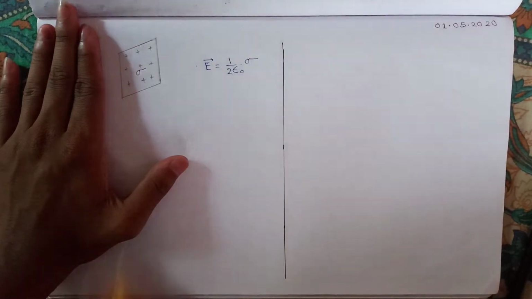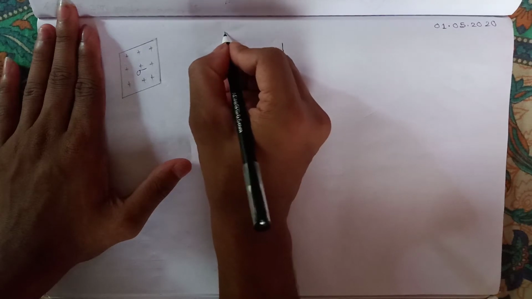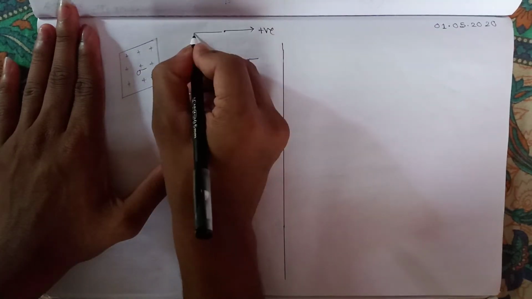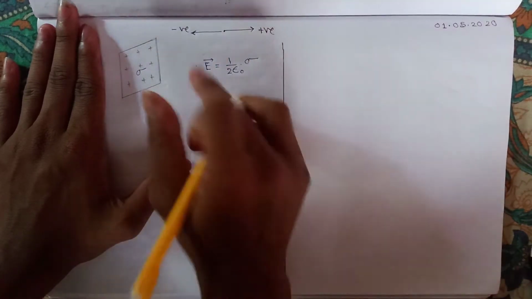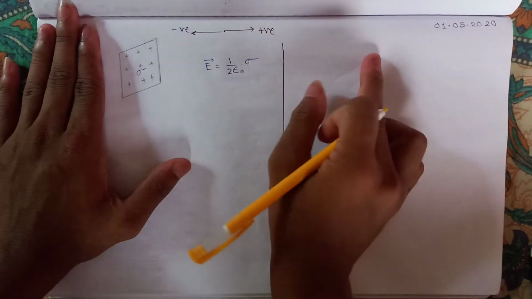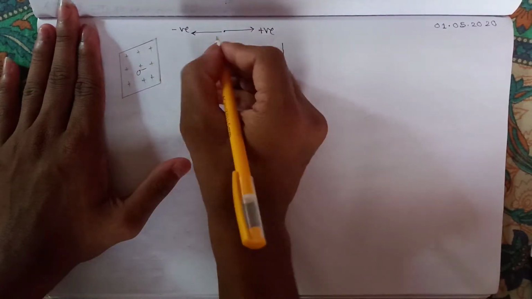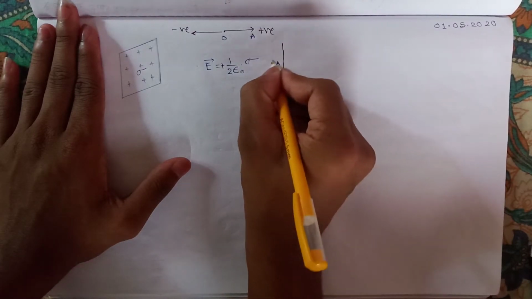We take the rightward direction as positive and the backward direction as negative, so this electric field is along the rightward direction, so it is positive.